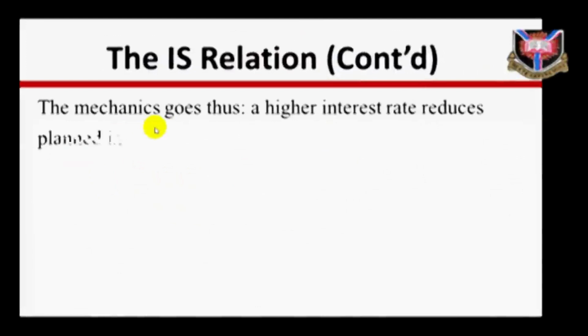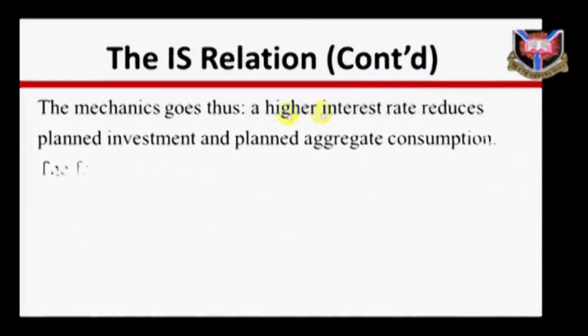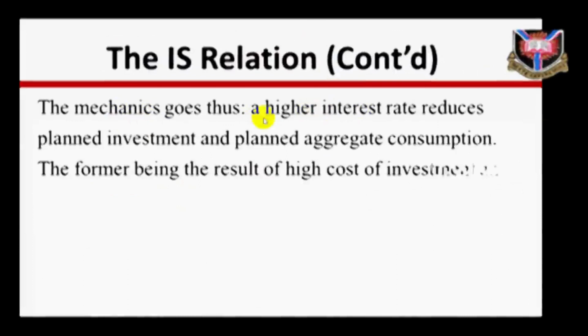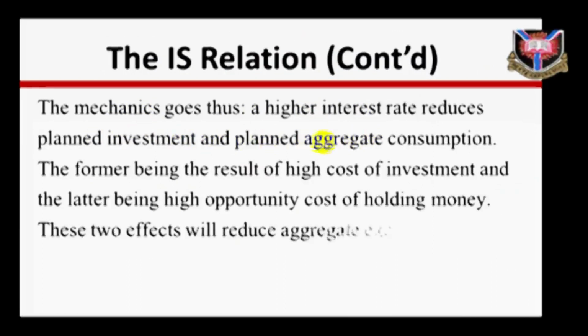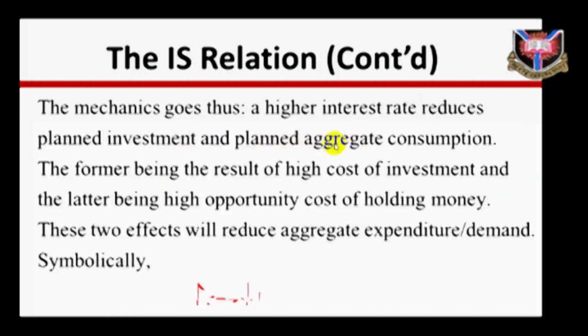Solving for a change in equilibrium income as a result of a change in real interest rate would generate equation 7.6: dY asterisk divided by dR equals I prime of R over S prime of Y asterisk, which is less than 0.